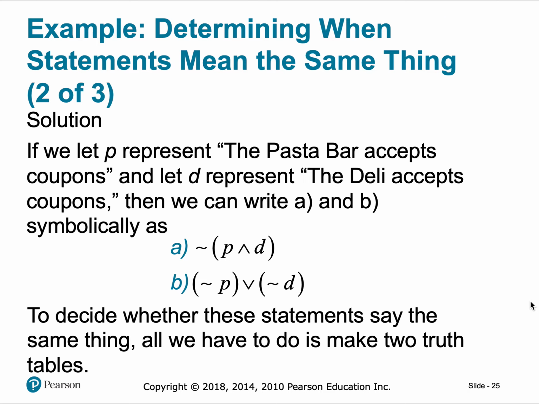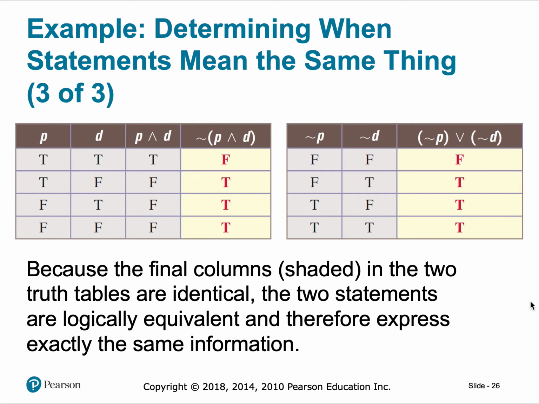If I look at the solution, let P represent the pasta bar accepts coupons, and D represent the deli accepts coupons, then I can write it symbolically as not (P and D), which means that they will not accept. To decide whether these say the same thing, we're just going to make some truth tables, or you could even play it out with statements in your head.